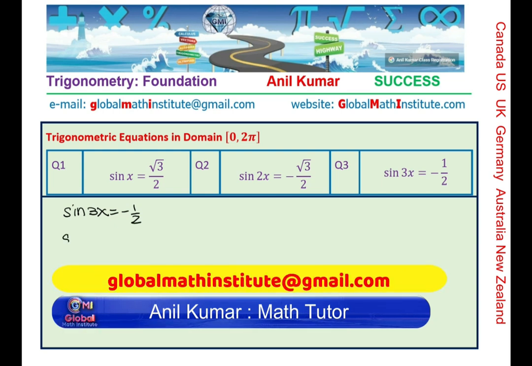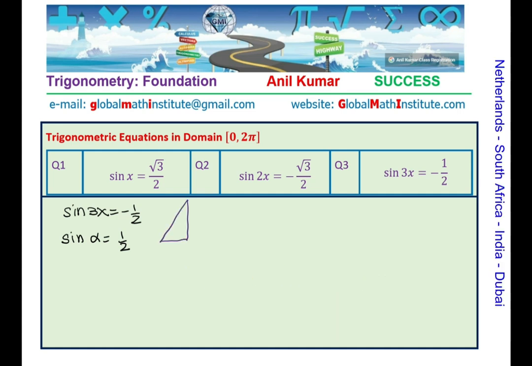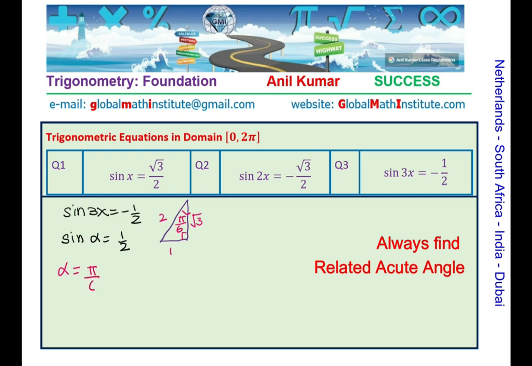First we find the related acute angle, sine alpha equals half. And for half, we are going to use the special triangle, 1, 2, square root 3. Sine is half at pi by 6. Correct. So we know that alpha is pi by 6.